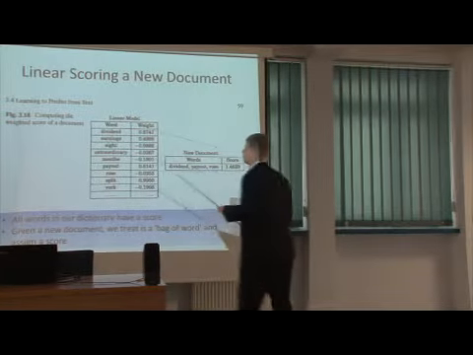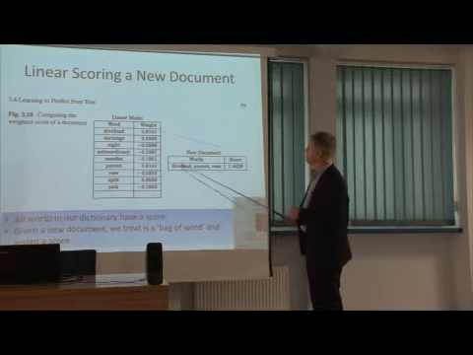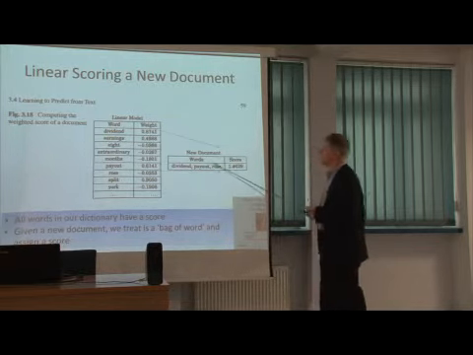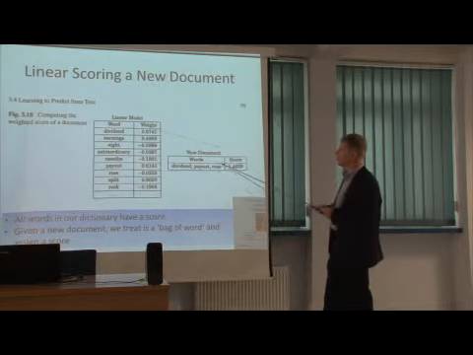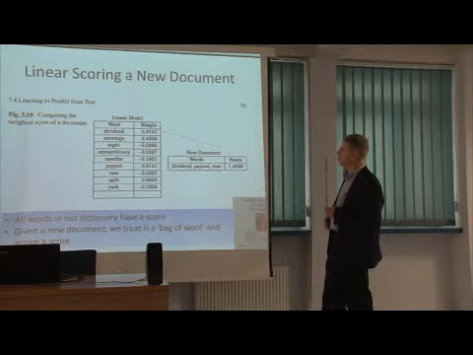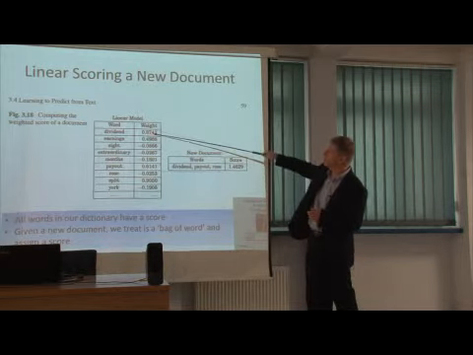and create a score. For instance, if we have a document which has the words dividend, payout and rows, these would be the words in our dictionary which appear in the document, and other words are ignored. We look at dividend, which has the weight 0.87.